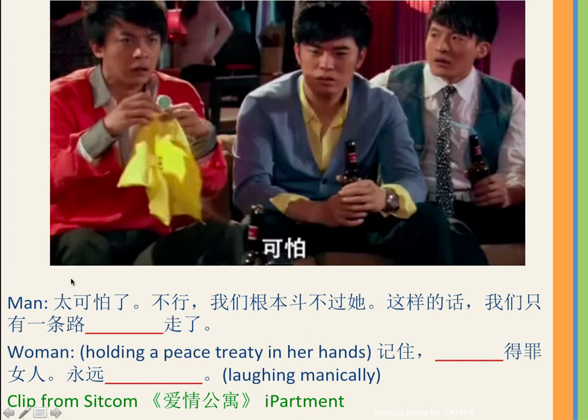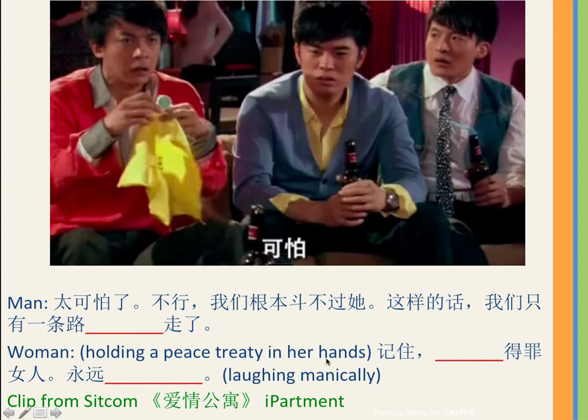And then they start with 太可怕了 so scary 不行 this won't do 我们根本斗不过她。We really are not her equal. We cannot win her. 斗不过，斗 means to fight. 不过 not passing. So we are not able to win over her. 这样的话 if it goes like this, 这样的话，我们只有一条路 something something 走了。So we only got one road to travel.